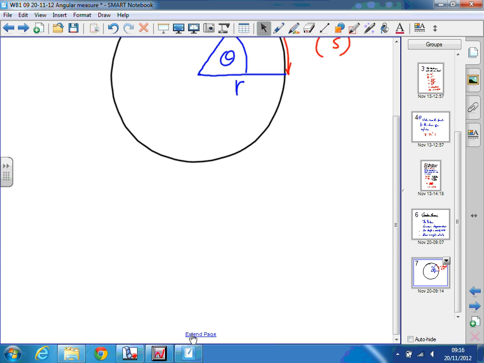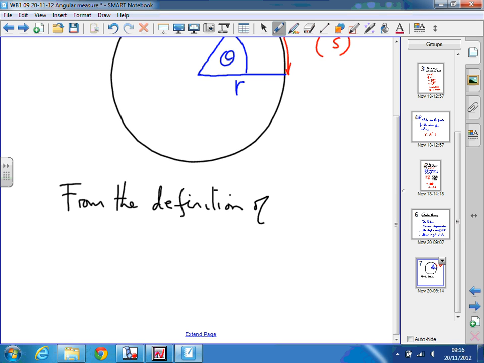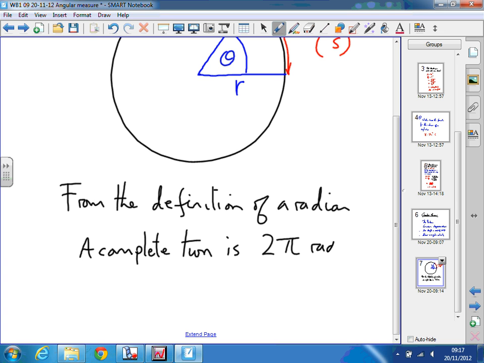So from this definition of a radian, we have that a complete turn is 2 pi radians. And often we use rad for short. So 2 pi radians is a complete turn.